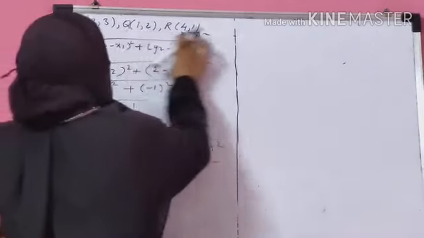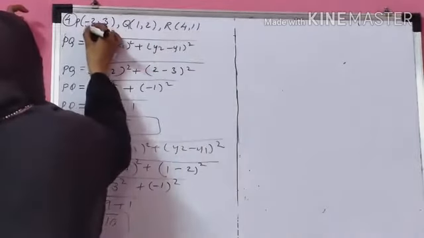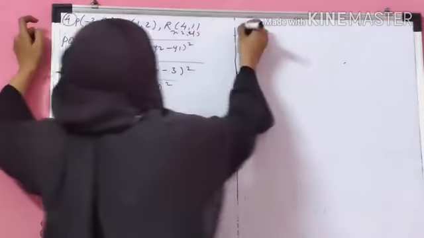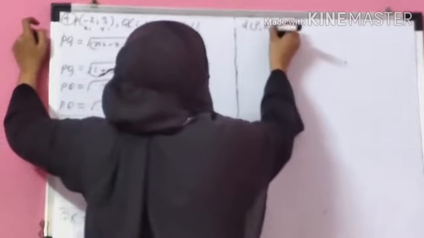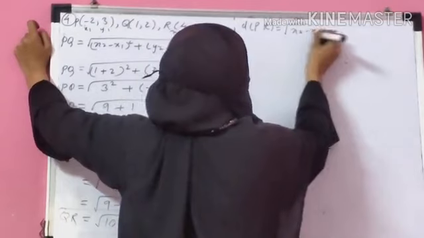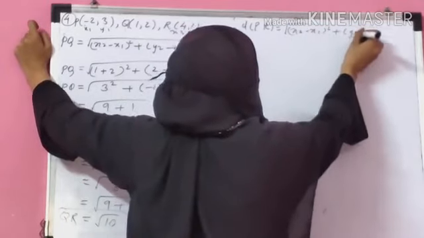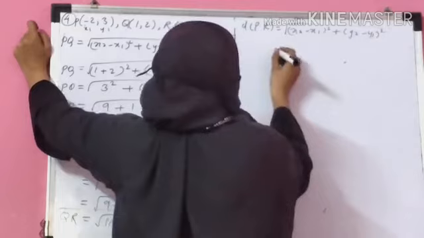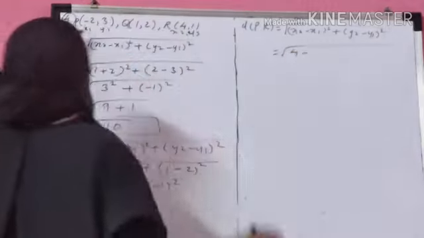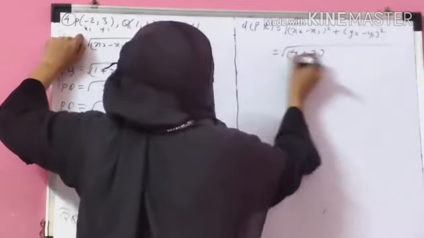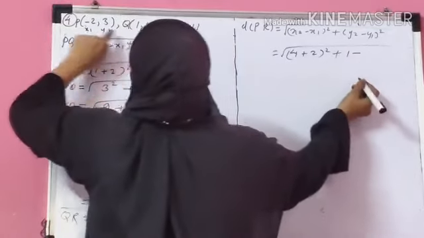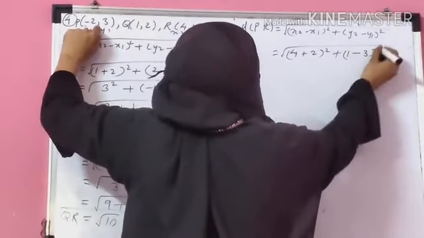Next, we have to find the distance between P and R. So this point is x1 y1, this point is x2 y2. Distance between points P and R is the same formula, that is square root of x2 minus x1 whole bracket square plus y2 minus y1 whole bracket square. Now substitute the values. X2 is 4 minus x1 is minus 2, so it becomes plus 2 whole bracket square. Y2 is 1 minus y1 is 3 whole bracket square.